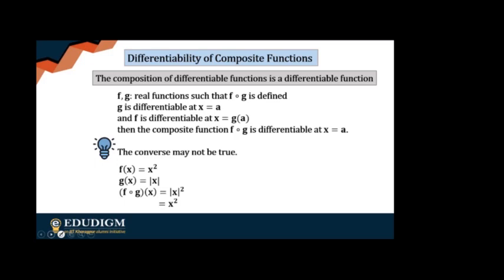So this is x square, which is differentiable, but this is differentiable, though this is not differentiable. Okay, so the converse is not true whenever you are taking the differentiability of composition of functions. Even if you take a couple of functions, suppose one of them is non-differentiable, still it might happen the composition is differentiable. So I hope this is okay with all of you.